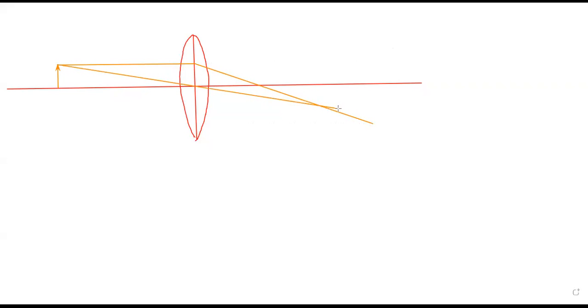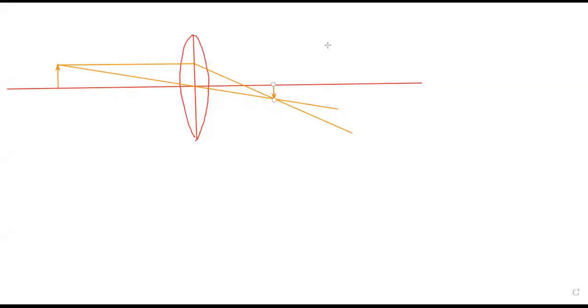So over here the second ray is going to be like this. I will bend it a little more here so that the image can be a little shorter. Okay, this would be perfect. Now our image is going to form where the intersection is happening.